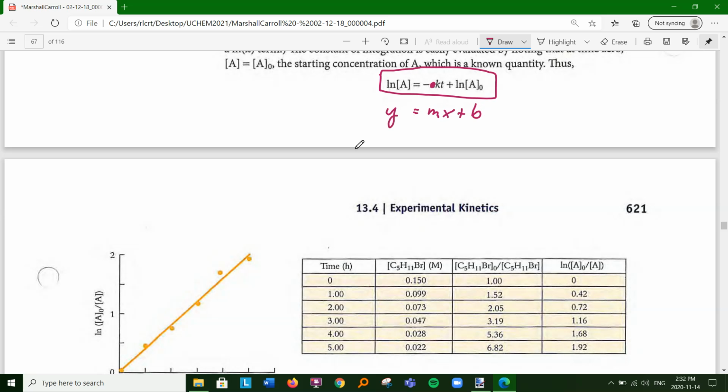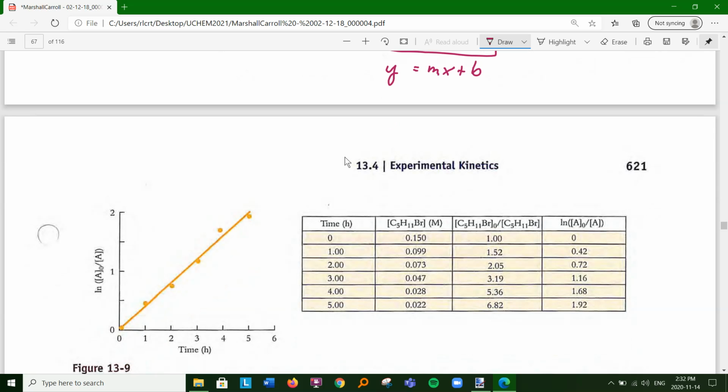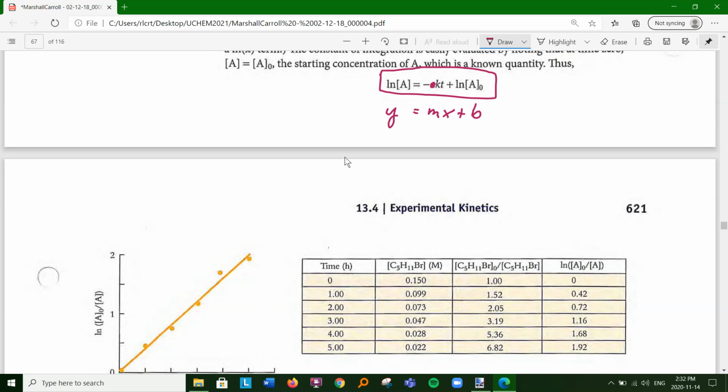I think there's a lab you're going to be doing sometime maybe in February or March, where you will be plotting experimental data versus time, and use Excel or Google Sheets or one of those graphing programs. So if you plot the natural log of A versus t, you're going to get a slope.